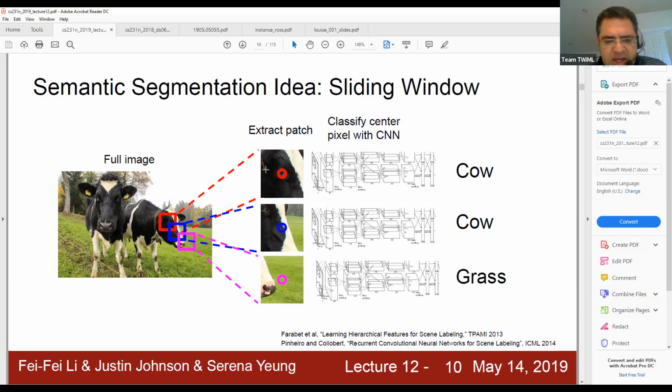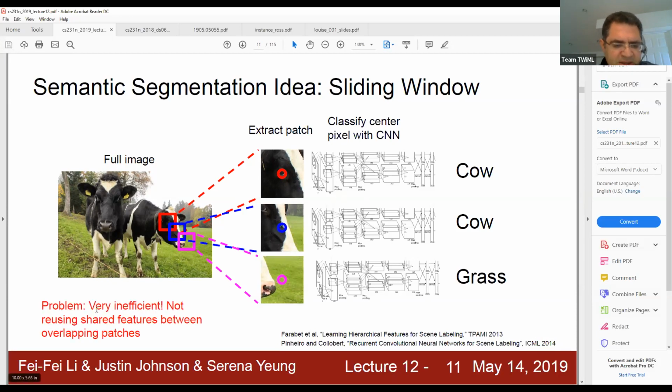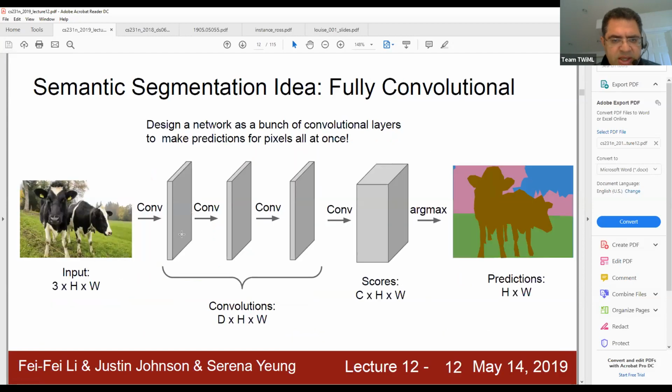So you have a very high computation cost, and this is work from 2013 and 2014. Initially people tried it this way, but of course it's too intensive and very inefficient. Patches that are overlapping will have similar convolution output, so you are not sharing features between the patches. So that was one thing.